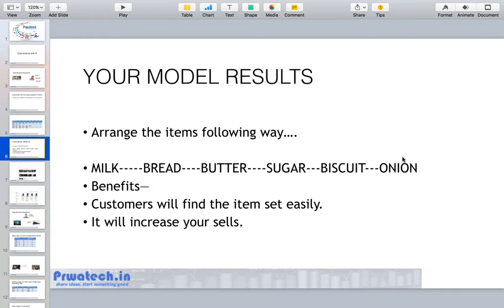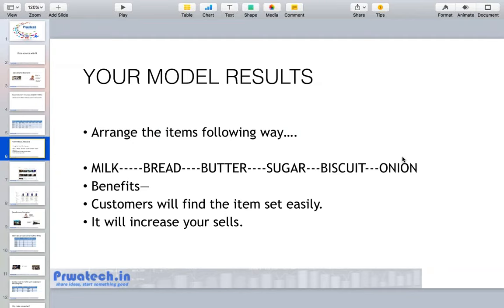To solve this problem, to find out the buying patterns of the customers, we can use a popular technique. Sometimes it is referred to as association rule learning, or popularly it is known as the Apriori algorithm, which is widely used for finding patterns.